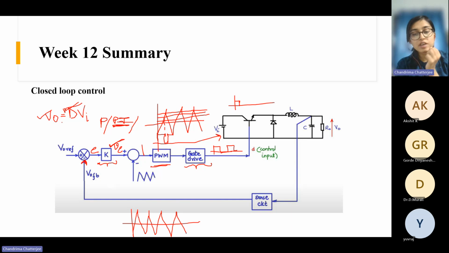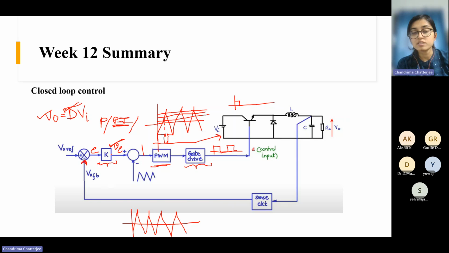Similarly, if your V out decreases due to some external disturbance, then you will have to increase your duty so that the output voltage again comes back to its reference. Okay. So this is what the controller performs.